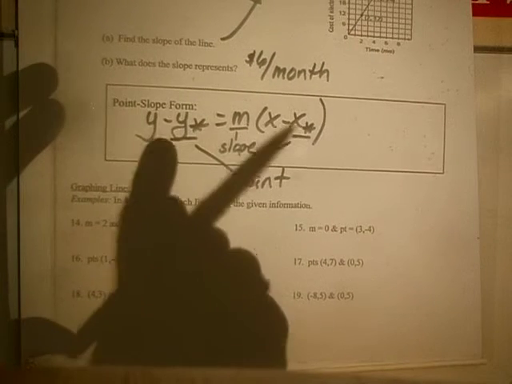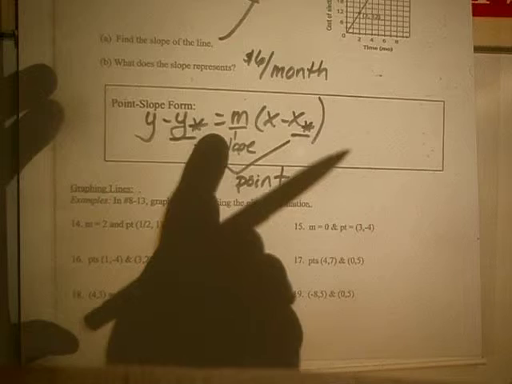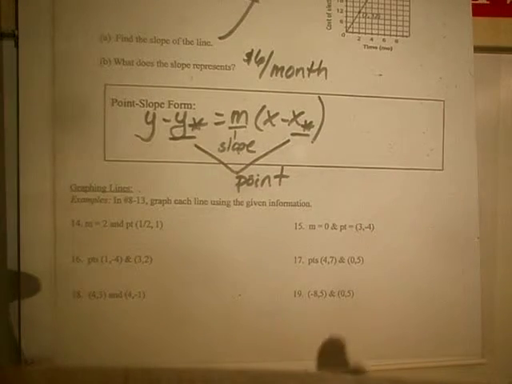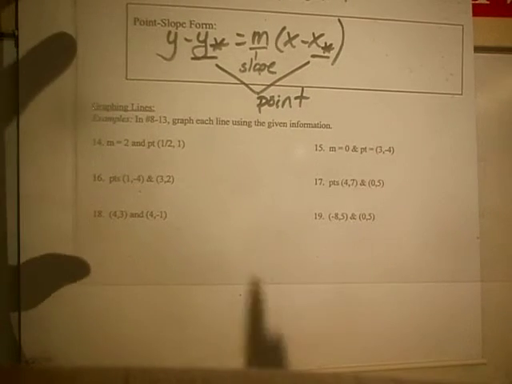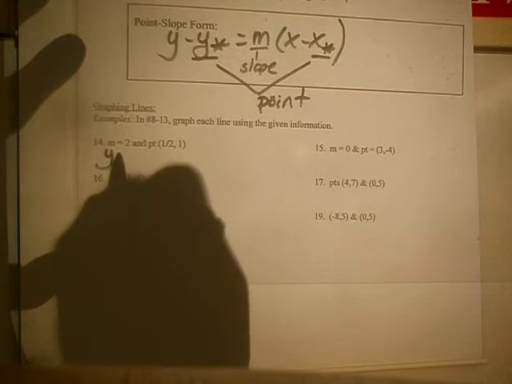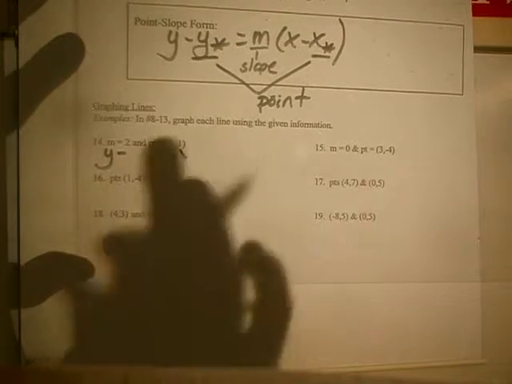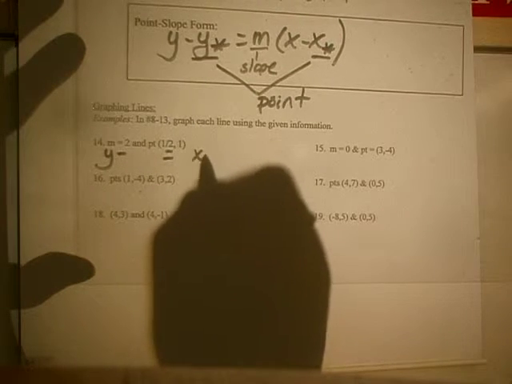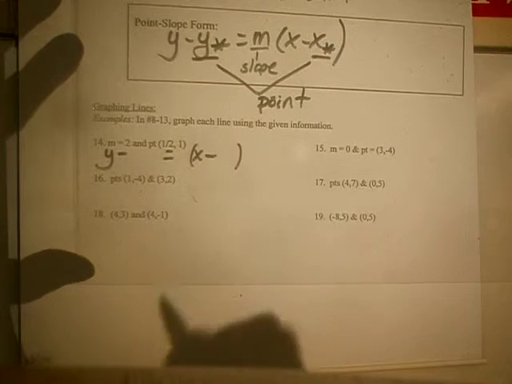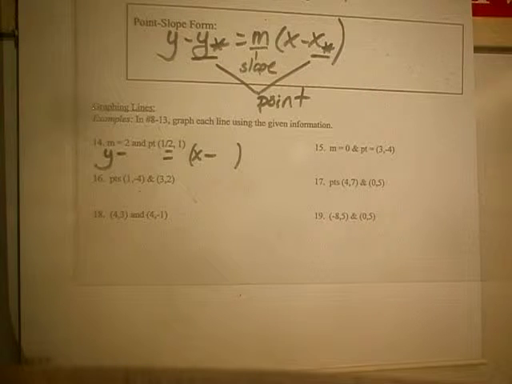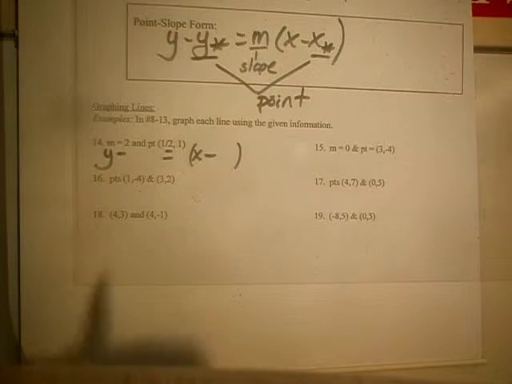So we're going to start out y minus y star equals m times x minus x star. I'm always going to start these out as y minus, and then x minus. And from there we just need to fill in those three numbers. First thing they give us is the slope, and that goes right over here.